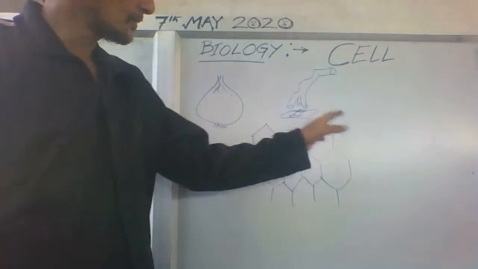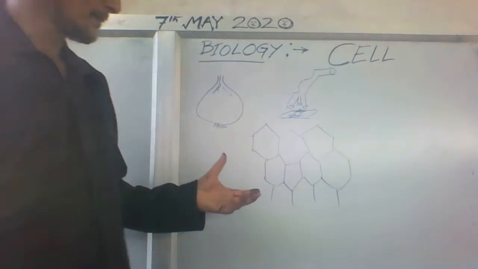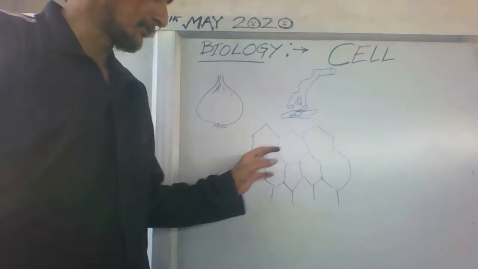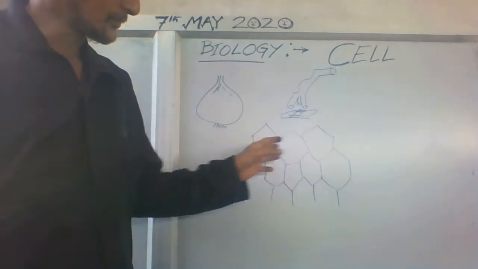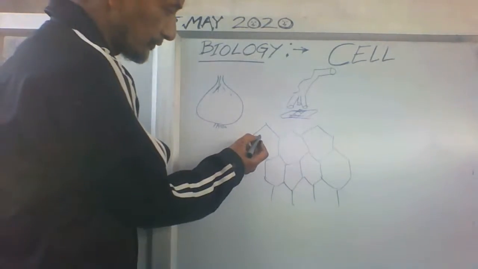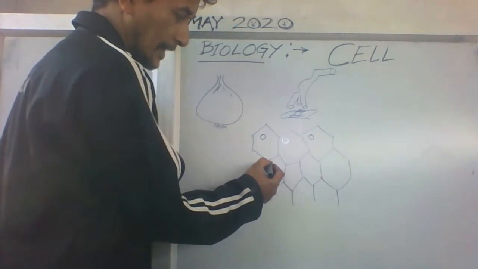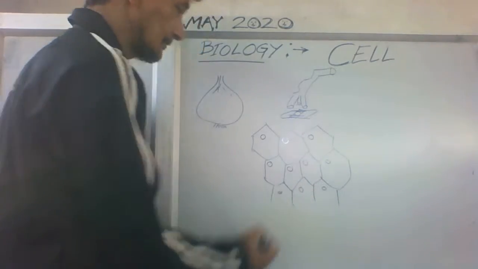But this is an outer structure of the cell. Every cell is dead here, whatever structural surface I have given to you. This is a dead structure. Now, if I make a nucleus in every cell, then this cell will be an active cell.